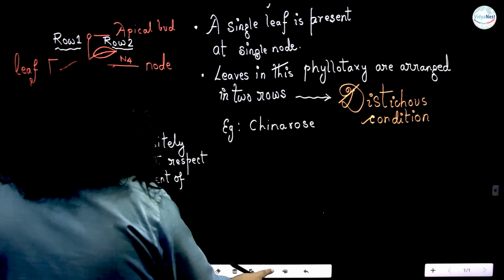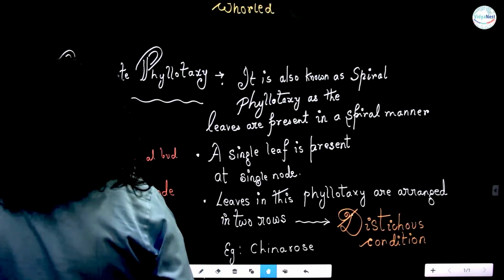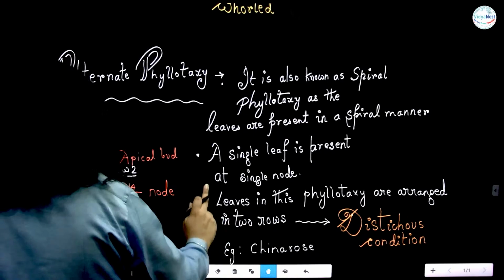When I started with this, I said that this is also known as spiral phyllotaxy because the leaves are spirally arranged.